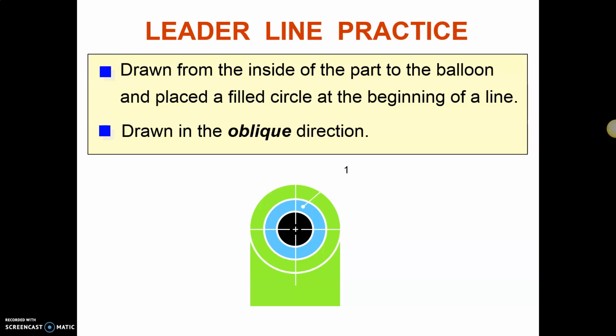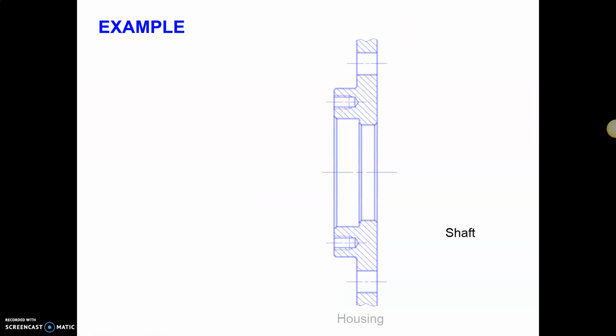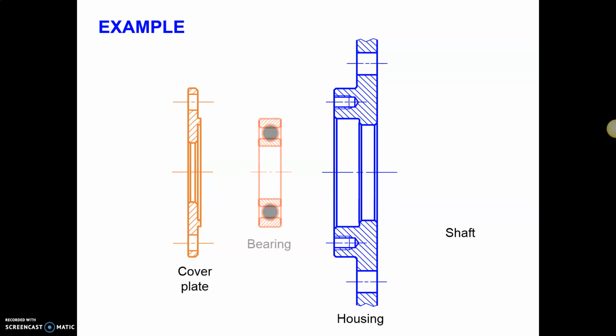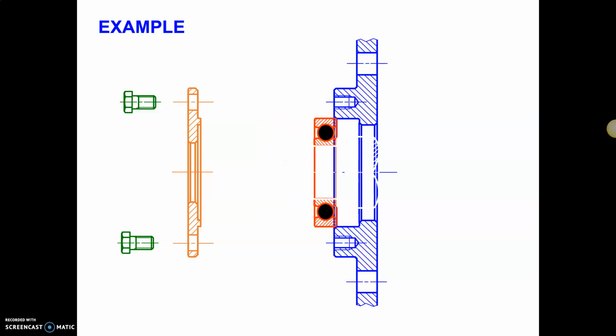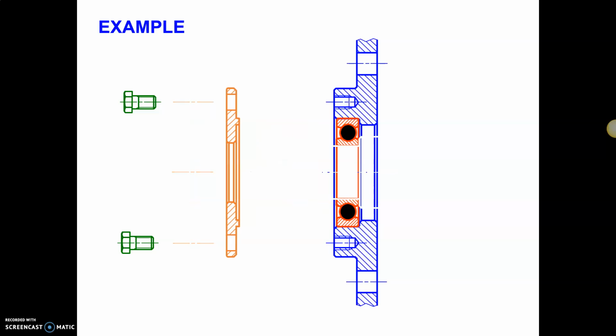Okay, besides that, we also have the leader line and the balloon drawn in the oblique direction. For example, if you have the shaft, the cover plate, the bearing, the cap screw, it should be fixed like this.